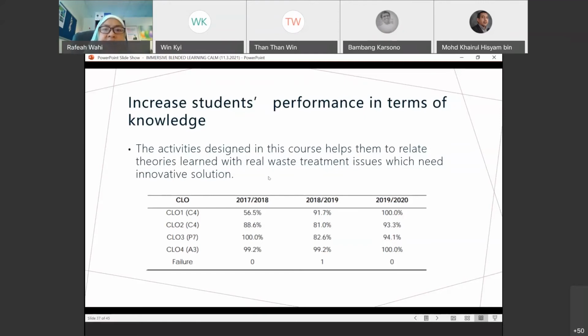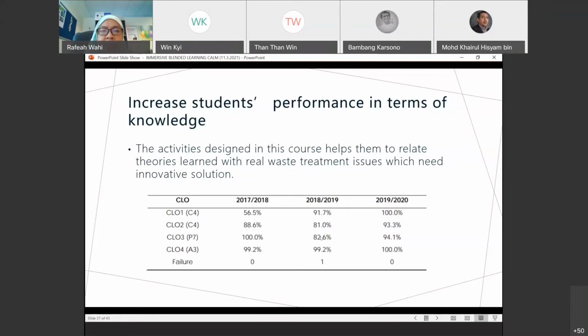The activities designed for this course help students to relate theories learned. Okay, so if you see here, in our latest semester, semester 2, 2019-2020, we can see the increase in CLO1, CLO2, and an increase in CLO3 compared to the previous semester.